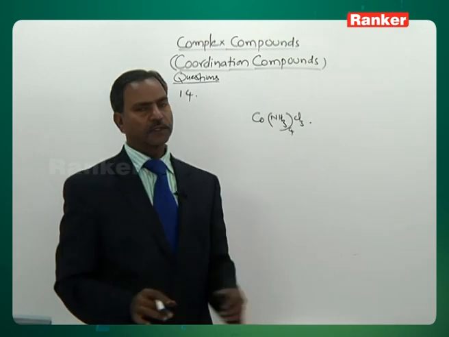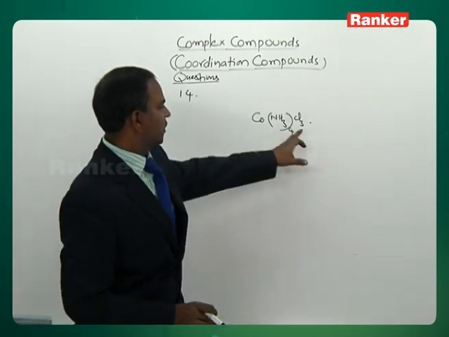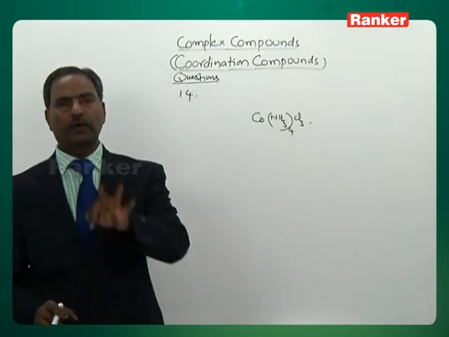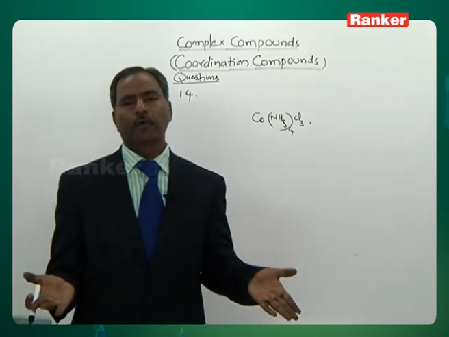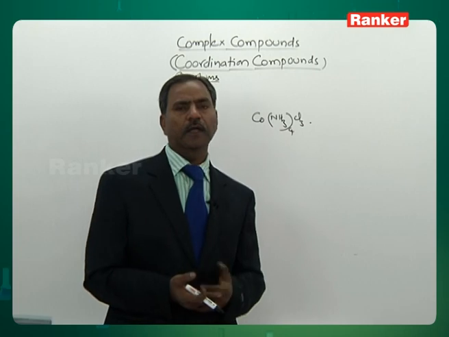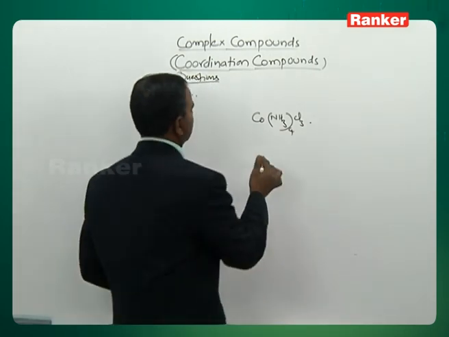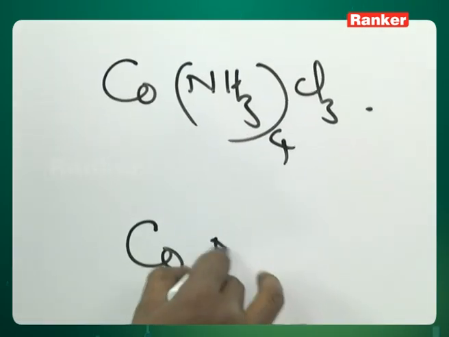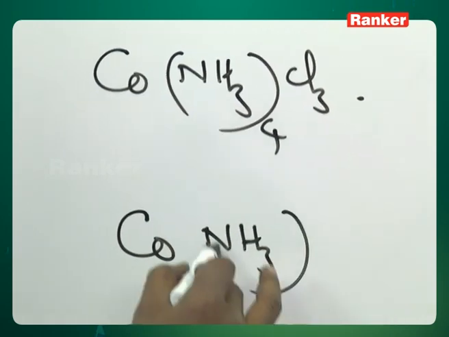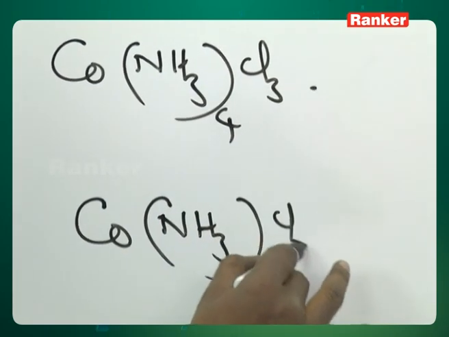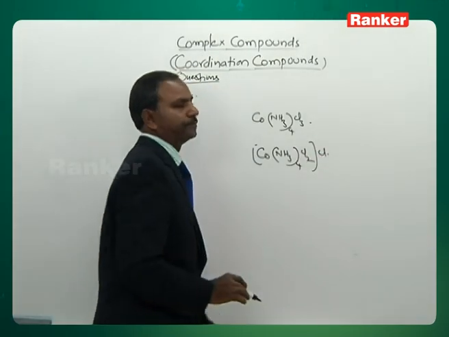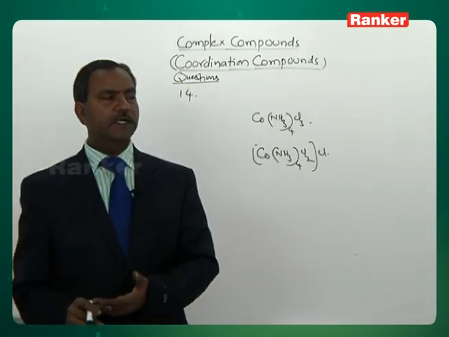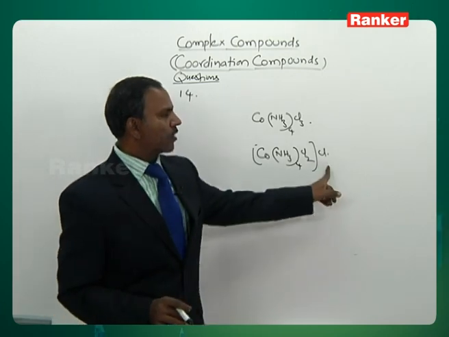Total ligands are what? 7. The cobalt oxidation number comes to be plus 3. Since 3 chlorides are there, cobalt is plus 3. Cobalt's maximum coordination number with plus 3 oxidation number comes to be 6. This complex we can write like this: Co(NH3)4 Cl2, then outside 1. Number of particles: 1 chloride, 1 complex.